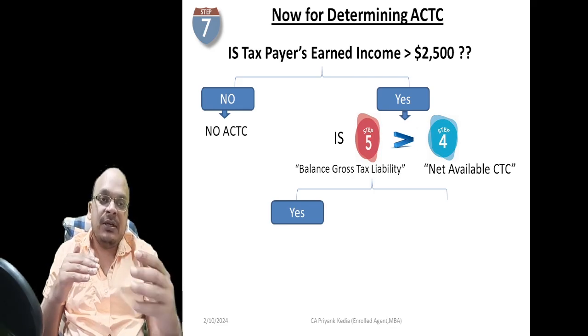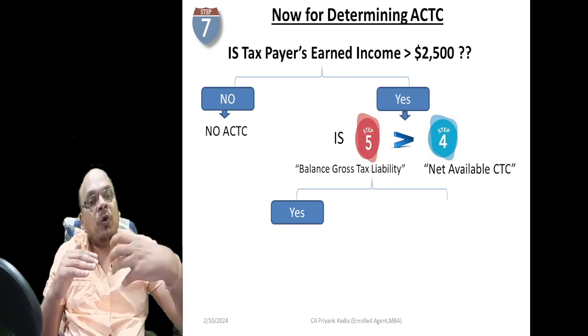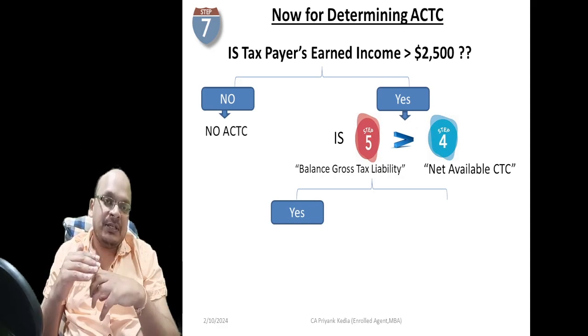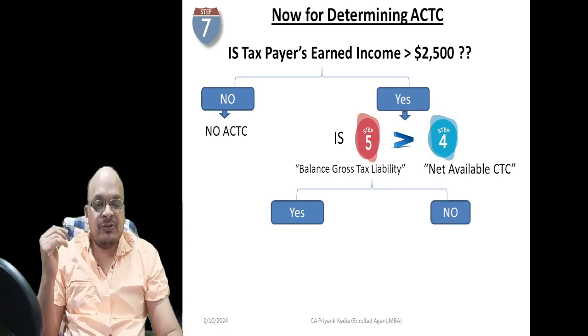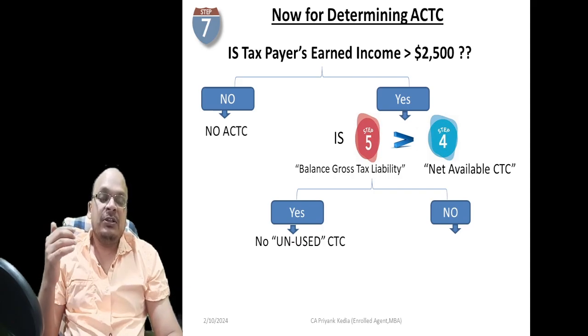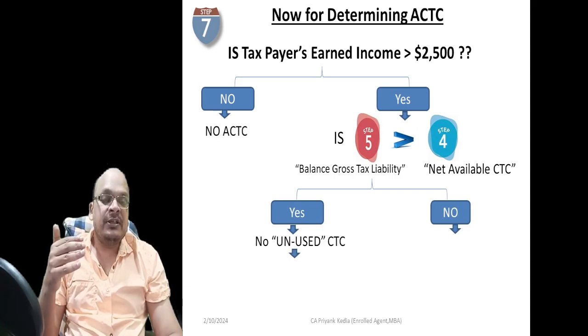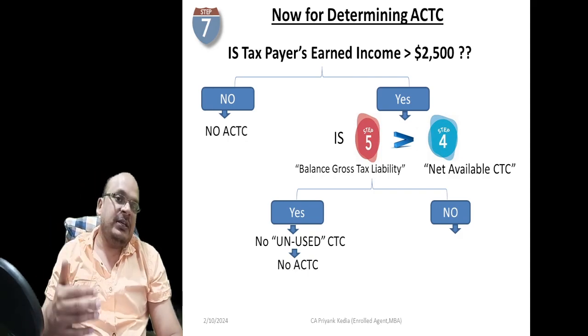What do you mean by it? It simply means that the taxpayer was able to consume the whole of the available child tax credit. Therefore, there was no unused child tax credit. Therefore, if the answer is yes to this comparison, then you don't have any unused child tax credit, and consequently, you won't be eligible for any additional child tax credit.